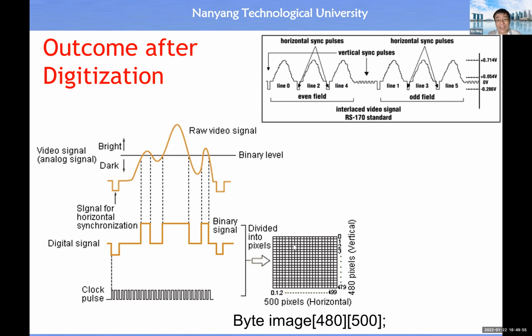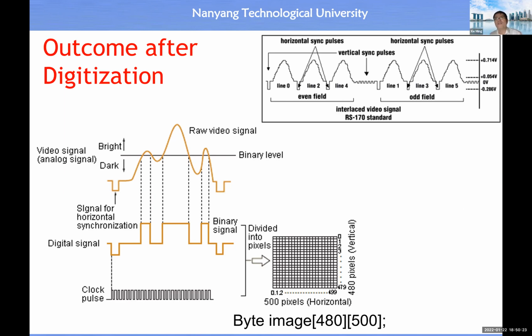So we must arrange them row by row: row 0, row 1, row 2, row 3, etc. Here the rows are interlaced, so you must pay attention: this row will be followed by this row, then this row, and so on, due to the interlaced nature of the video signal.